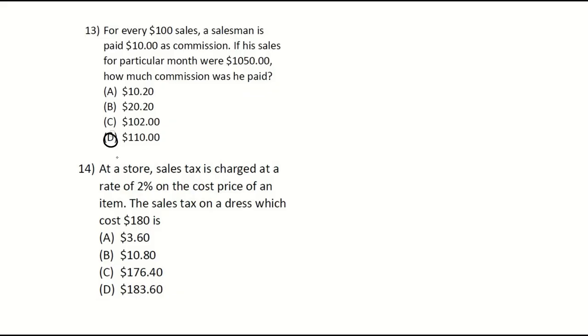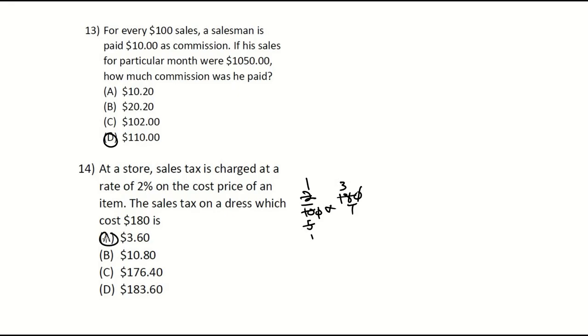Yeah, D. At a store, sales tax is charged at a rate of 2% on the cost price of an item. What is the sales tax on a dress which costs 180? So they want 2 over 100 multiplied by 180 over 1. Cross this off, cross this off. 2 into 2, 1. 2 into 10, 5. 5 into 5, 1. 5 into 18 is 3.